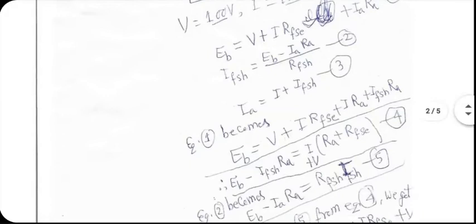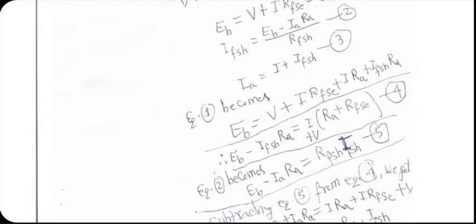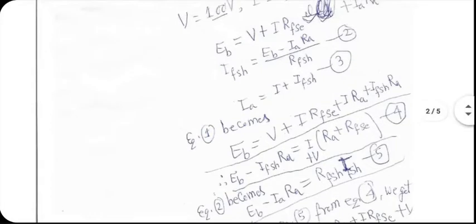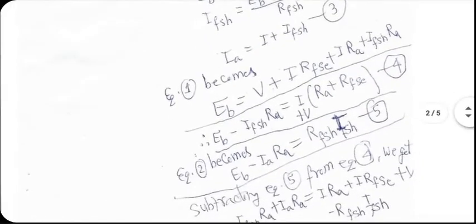So I've done some manipulations here. EB minus IFSH RA will be I times RA plus RFSE plus V. And equation 2, of course, is there. EB minus IARA equal to RFSH into IFSH. So equation 4 and 5 have the same thing on the left hand side. So I equate the right hand side now in equations 4 and 5.